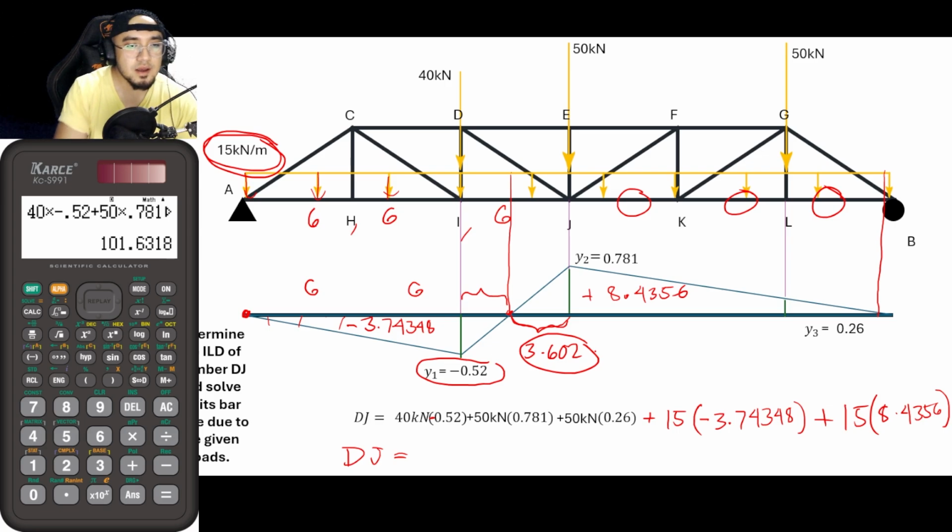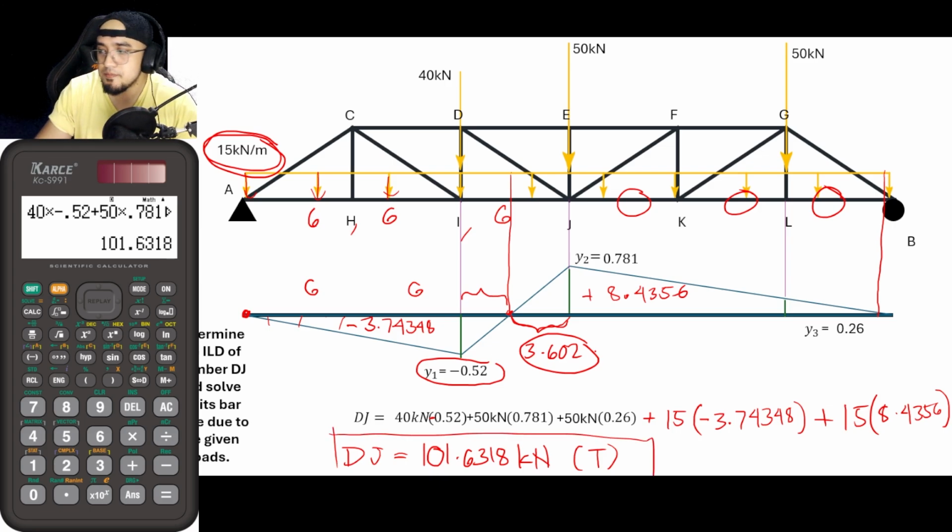The answer here is 101.6318 kilonewton. And since it is positive, it is experiencing a tensile force. So this is now our final answer.